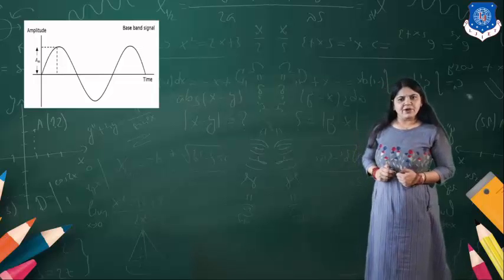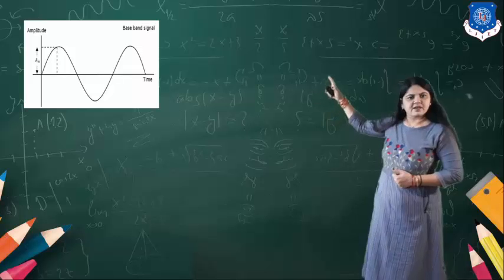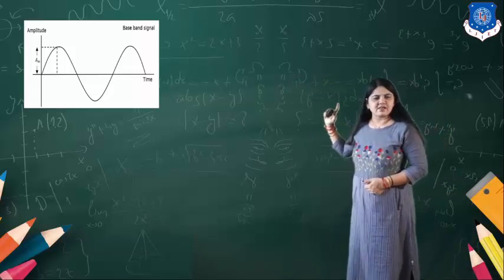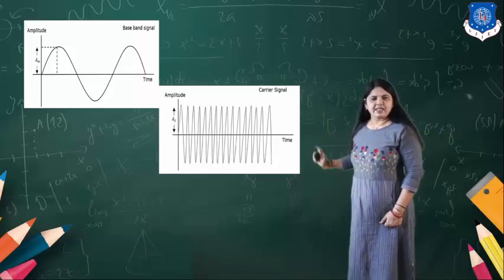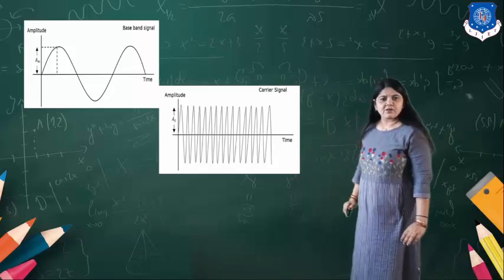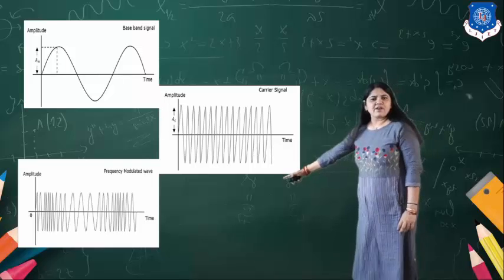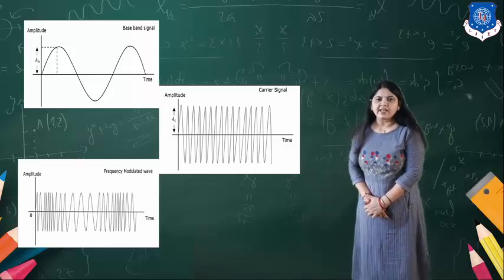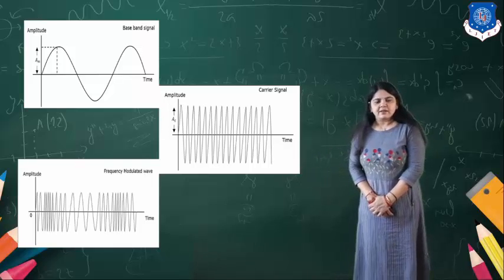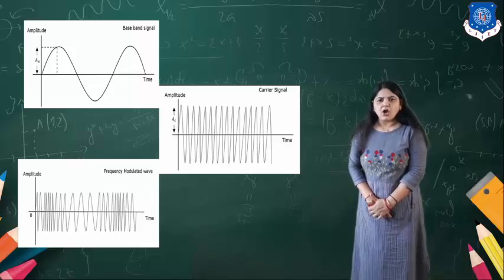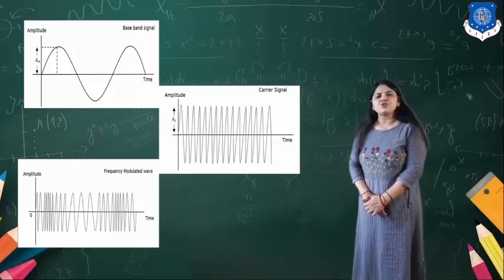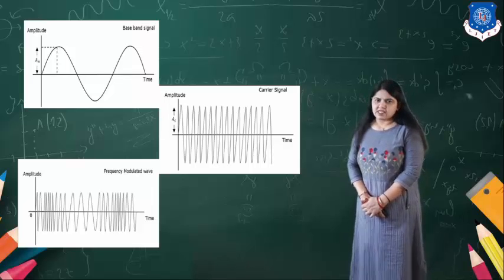In frequency modulation, as we know, this is the baseband signal or your information signal. This is the carrier signal, a high frequency wave, and we have a frequency modulated wave. As you know, the carrier frequency is changing in accordance with the amplitude of the modulating signal.